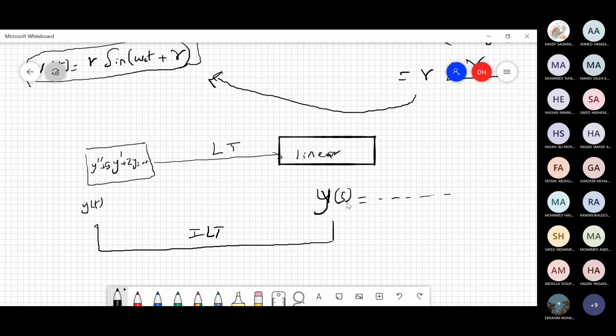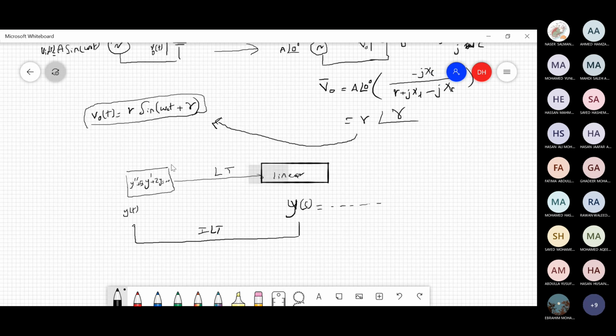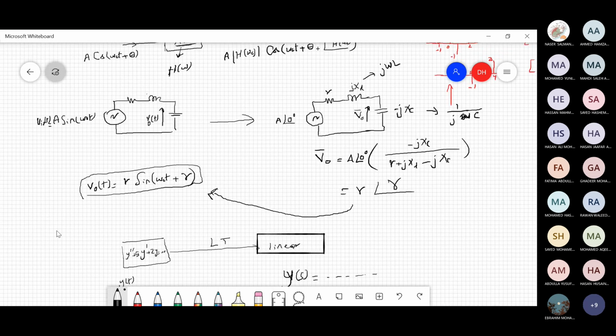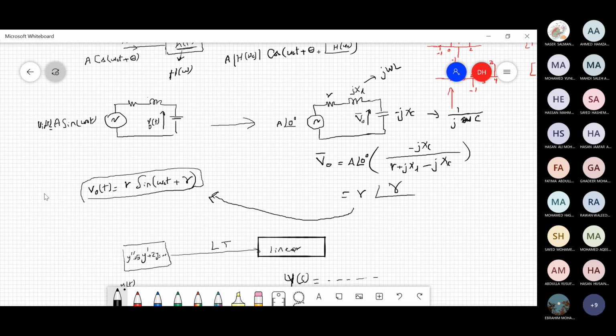So the transformation is not to make things harder, but to make them easier. Okay, solving a differential equation is more difficult than solving a linear equation. Similarly here, working with the time domain is a little bit difficult compared with phasor or with the frequency domain.